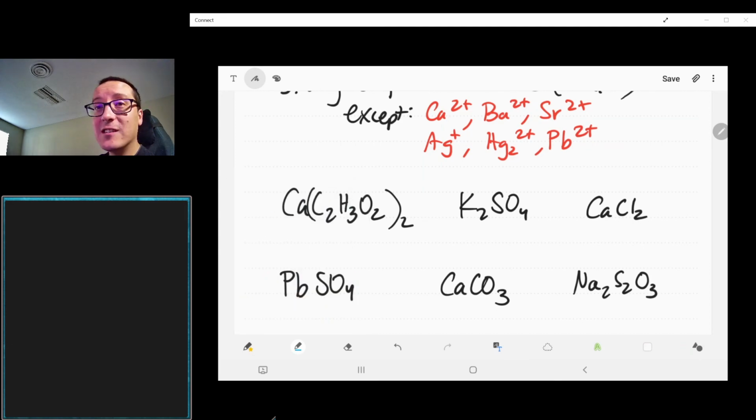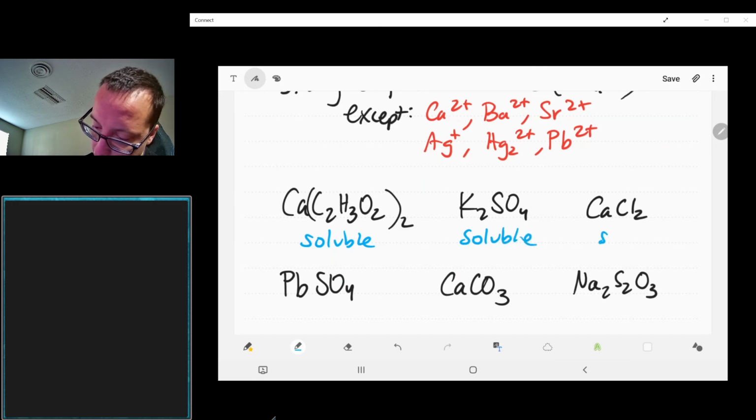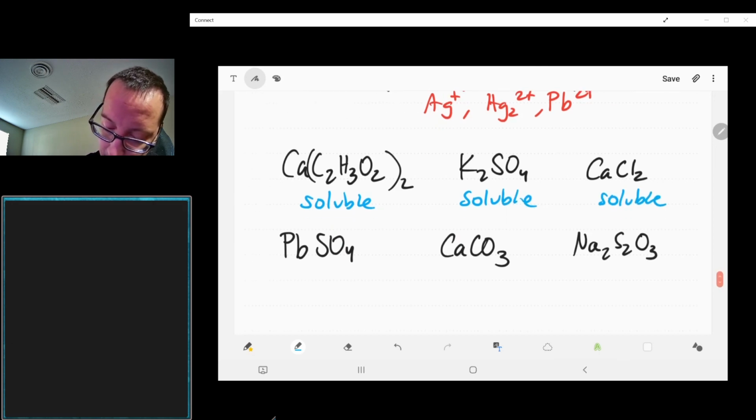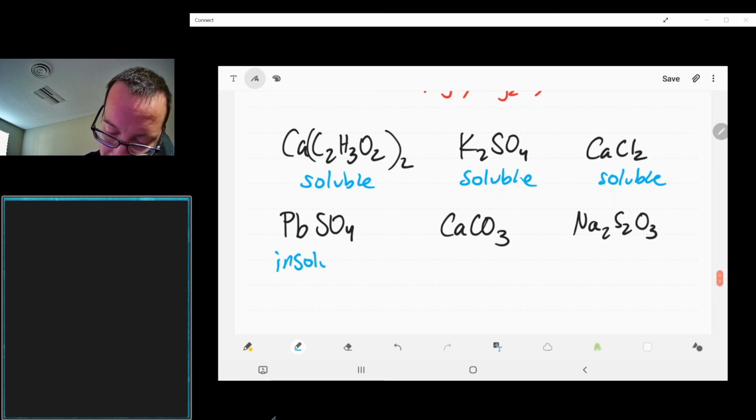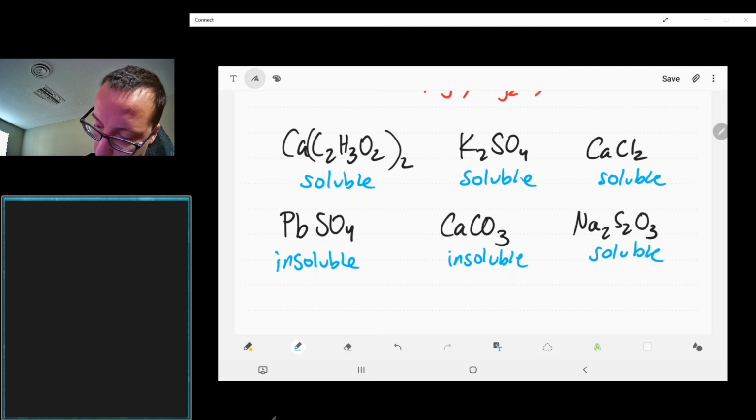I'll give you the answers for these, but we'll talk about them more next time. And I'm going to just underline the parts that make them soluble.